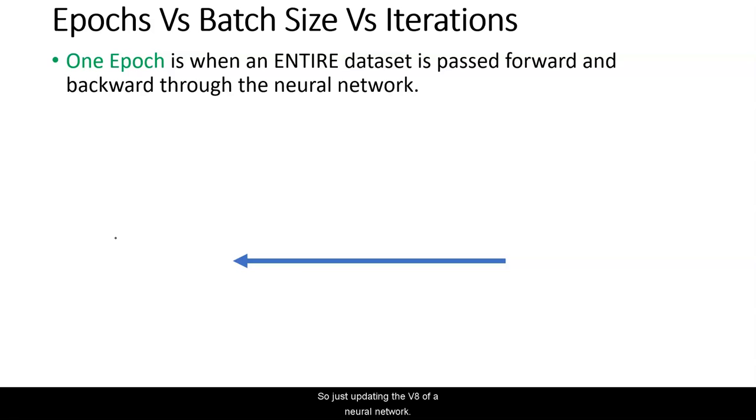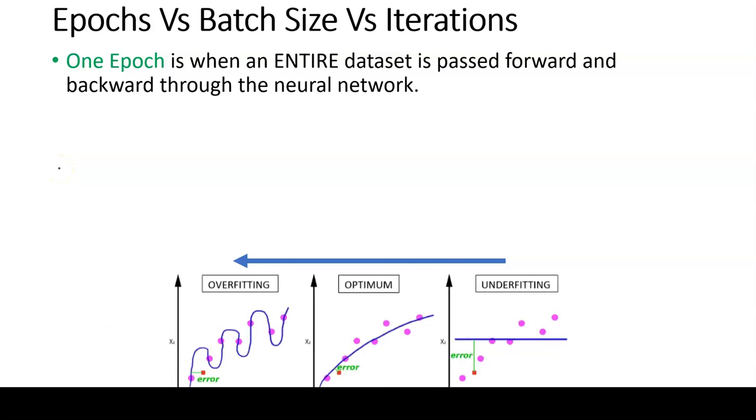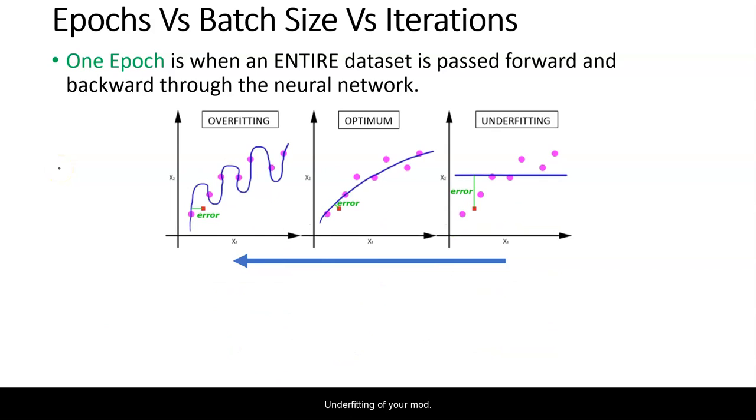So just updating the weights of a neural network with one single pass or one single epoch is not enough. So one epoch often leads to underfitting of your model.